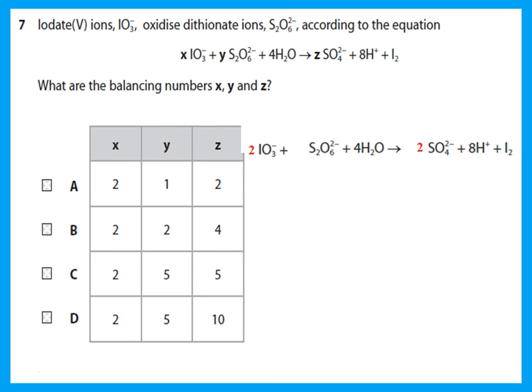Looking at the oxygen before the arrow, we have 6 oxygens plus another 6, that's 12, plus 4, that's 16. After the arrow, I have 2 times 4 is 8 oxygen. So I need to increase that. You will find that you will need to increase it until we reach 2, 5, and 10. That is when you will have all the atoms and the charges balanced.